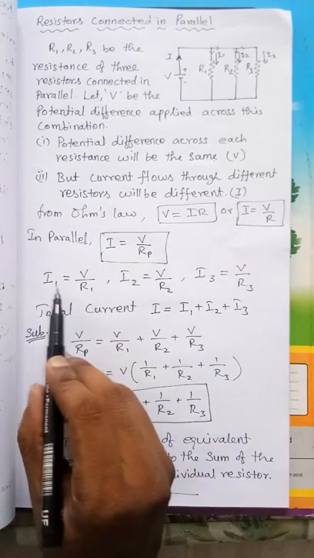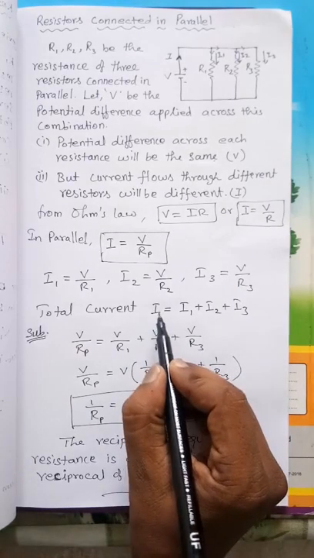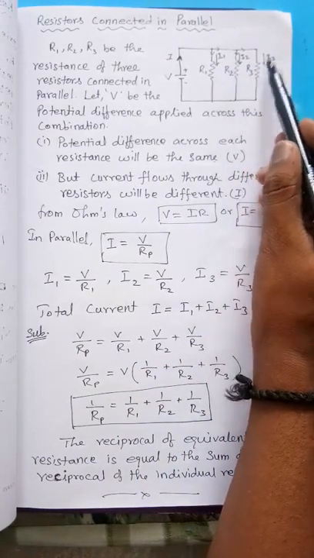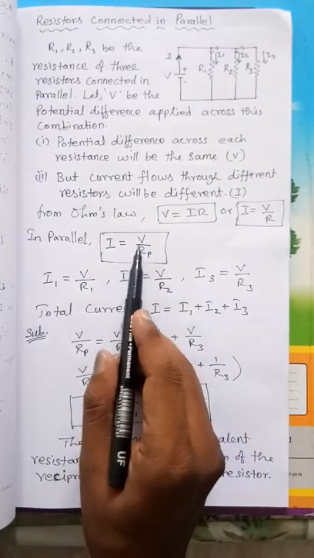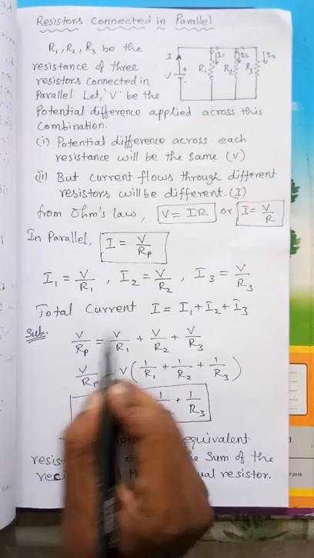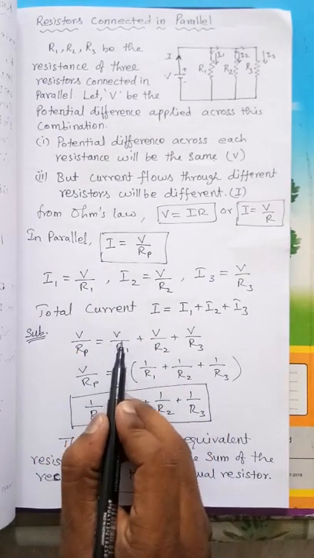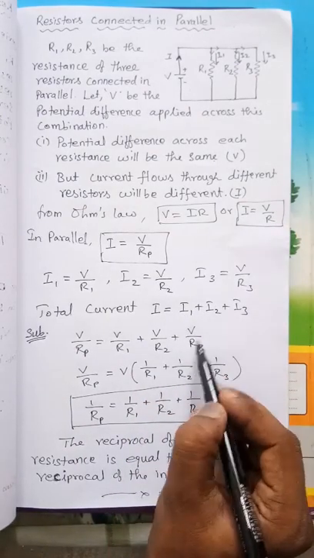Like this it will go. So substitute I1, I2, I3 in the equation for total current. Total current is nothing but the sum of the individual currents, I1 plus I2 plus I3. I already we know is V by Rp, so substitute: V by Rp is equal to V by R1 plus V by R2 plus V by R3.